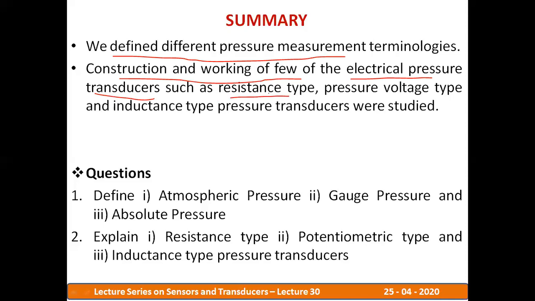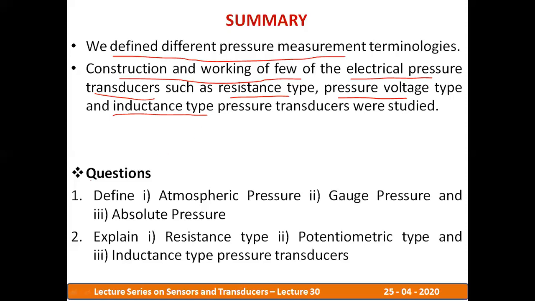In resistive type, we went through strain gauge type and moving contact type pressure transducers. Later we went through the potentiometric type transducer. And lastly, we went through the inductance type of pressure transducer.